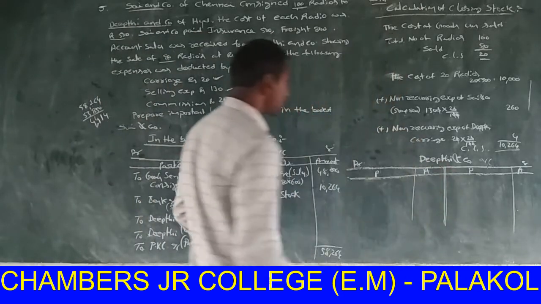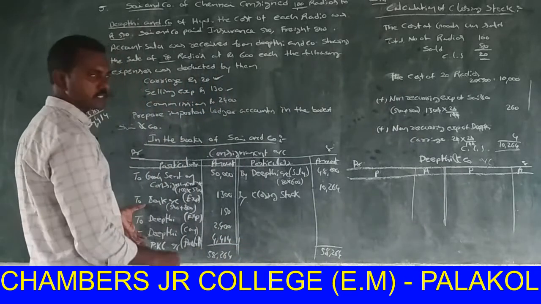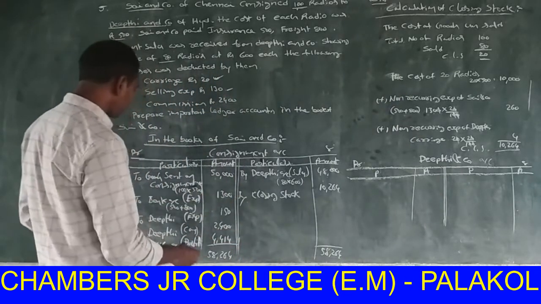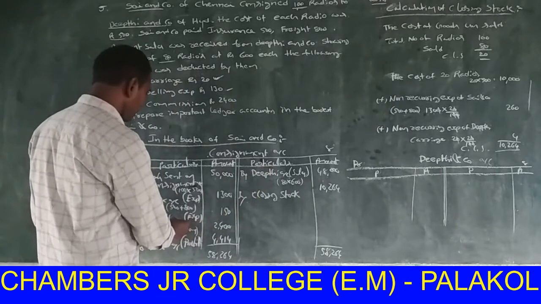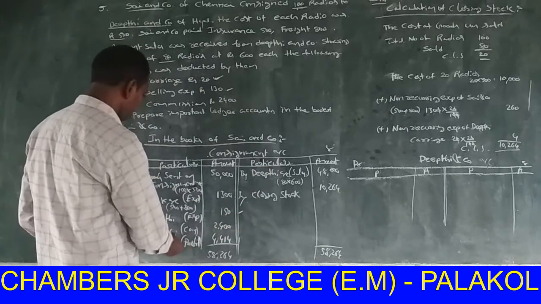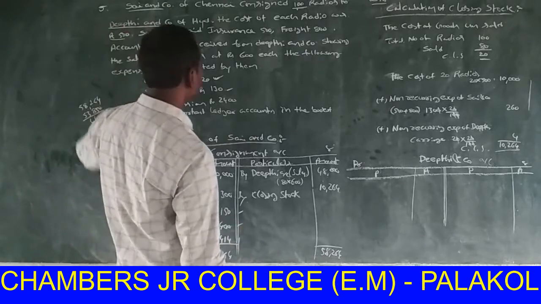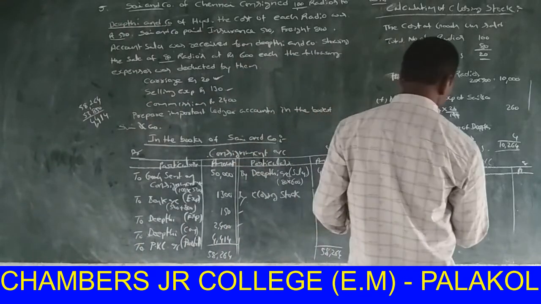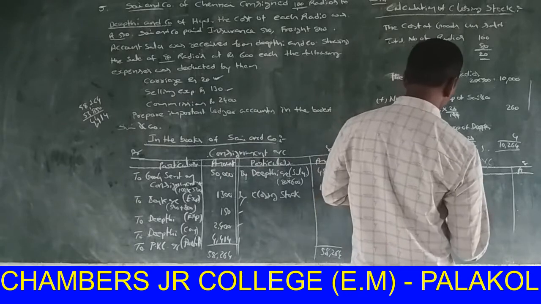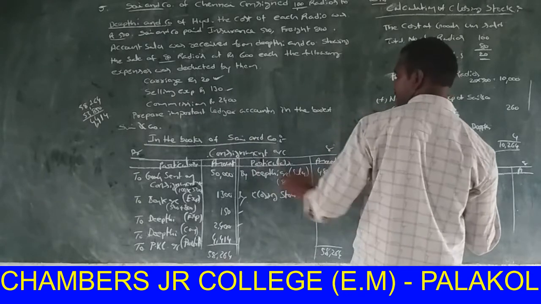If Deepti appears in debit side of consignment, it is transferred to credit side of Deepti account. Here Deepti expenditure 150 and Deepti commission 2,400. Here Deepti is the consignee. So you are required to prepare consignee account. Deepti.